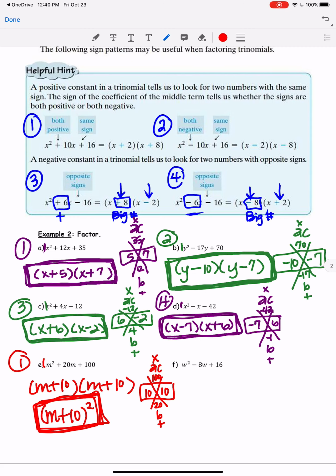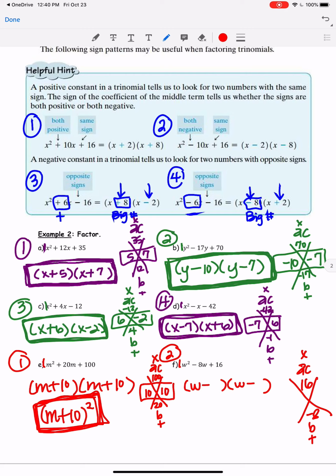F is the same thing. This one's going to be a case 2 though, because you've got a positive C but a negative B. So that means I'm going to have w minus something and w minus something. So my A times C is 1 times 16, and my B term is negative 8.